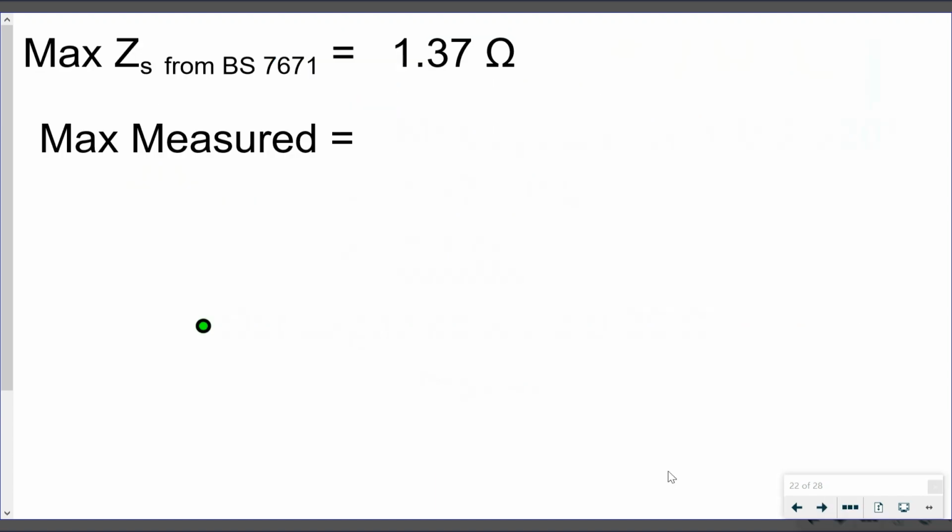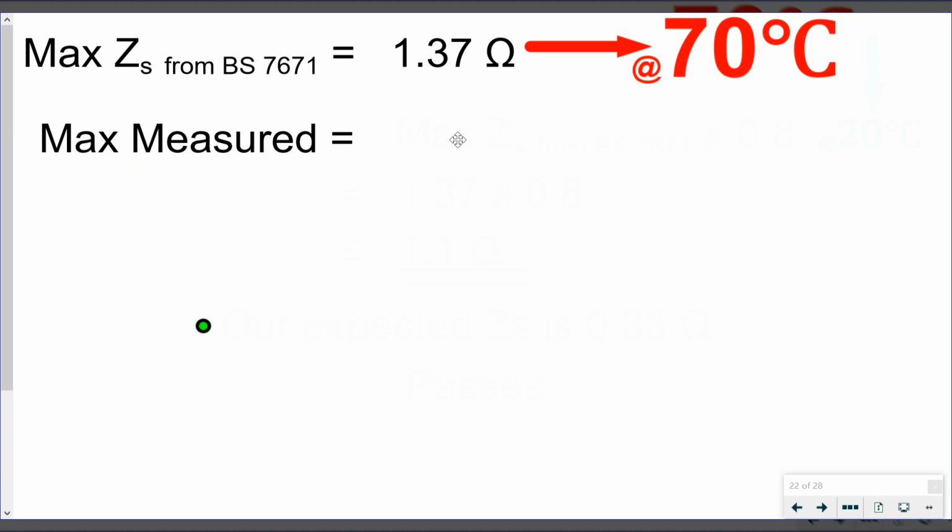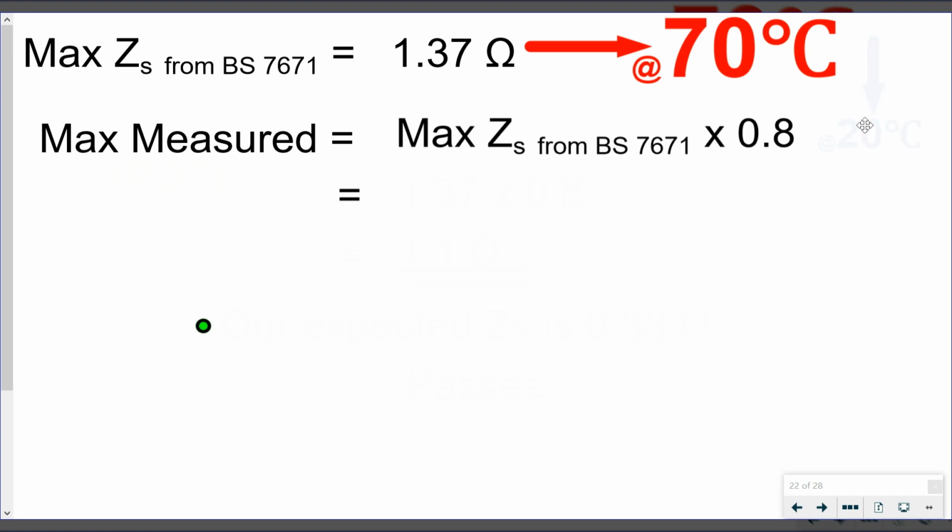We take that 1.37 ohms, and we need to remember that's at 70 degrees C. From BS 7671, that's the cable fully loaded. So we need to correct it for temperature, taking it from 70 degrees C down to 20 degrees C. Copper has a positive temperature coefficient of 0.004 ohms per ohm per degree C at 20 degrees.